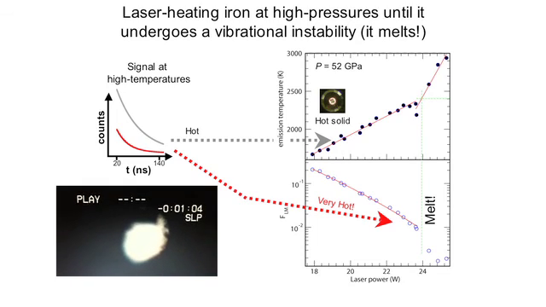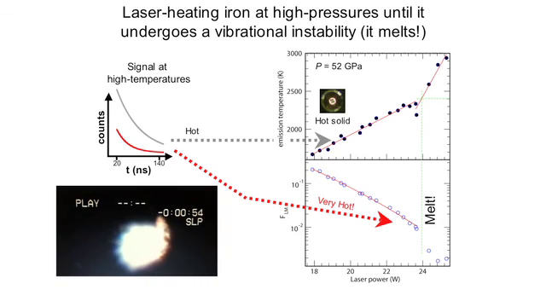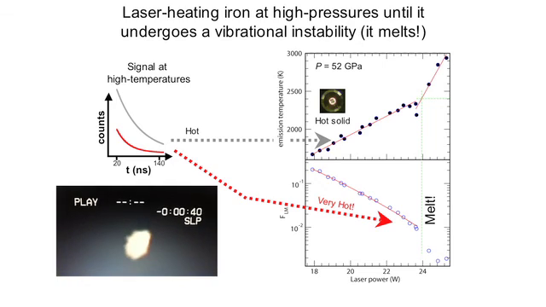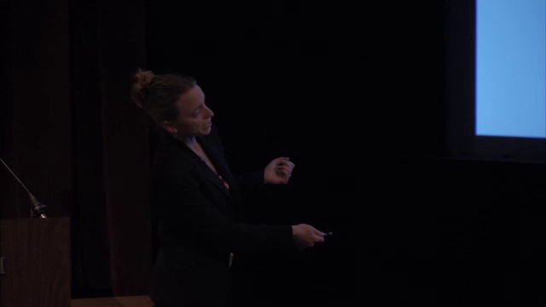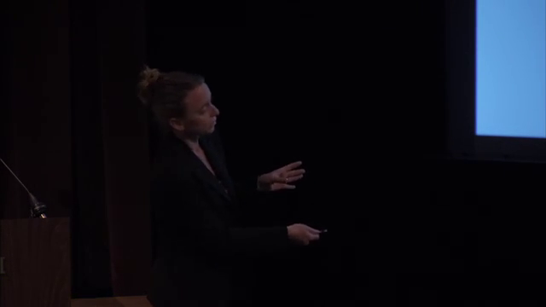So here's a video of what that iron foil looks like. All the lights have to be off because we have to use a spectrometer that's sensitive to measure that emission temperature. So this is the iron foil coupling to that infrared laser. And at each step, we measure the total intensity under these curves, so at low temperature and at higher temperatures, until we cannot detect an observable signal that's within the noise of 0.